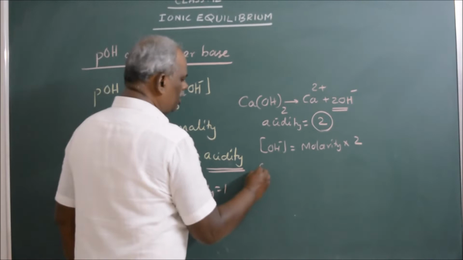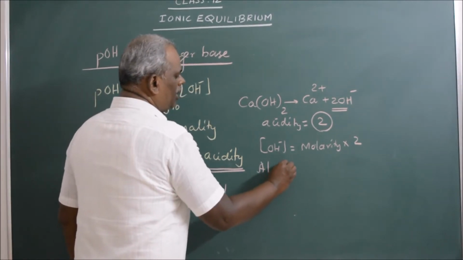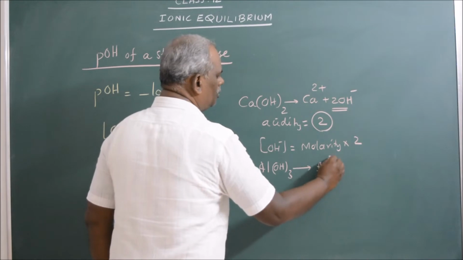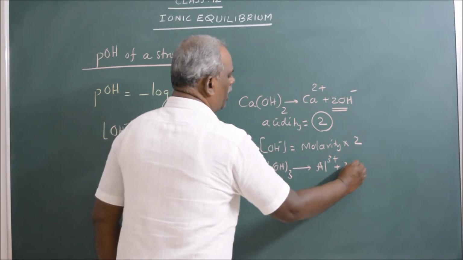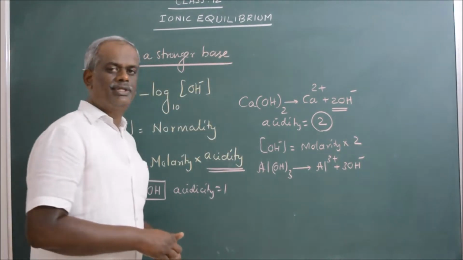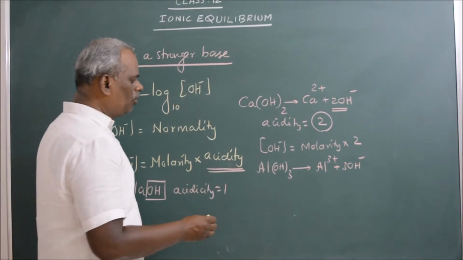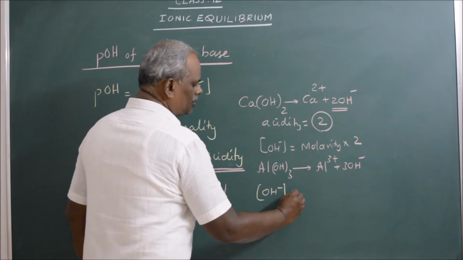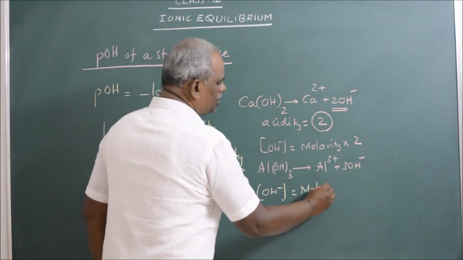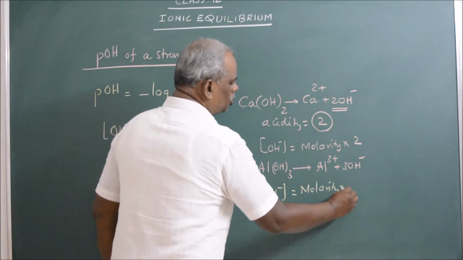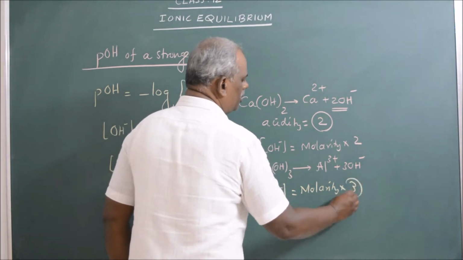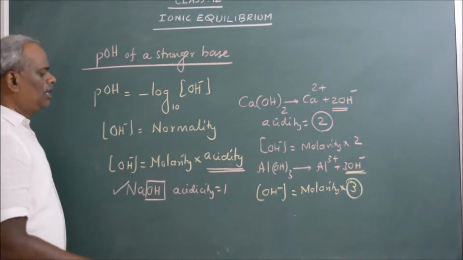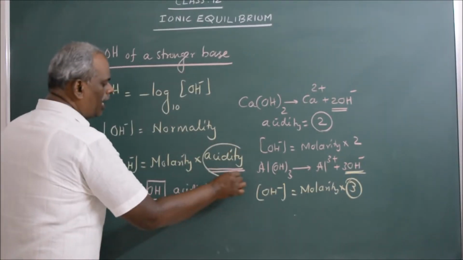Suppose you are given aluminium hydroxide, Al(OH)3, this can be dissociated into Al3 plus and 3 times OH minus. Then how do you calculate its hydroxyl ion concentration? It is equal to the molarity multiplied by 3, because it has 3 replaceable hydroxyl groups, and that is the acidity.